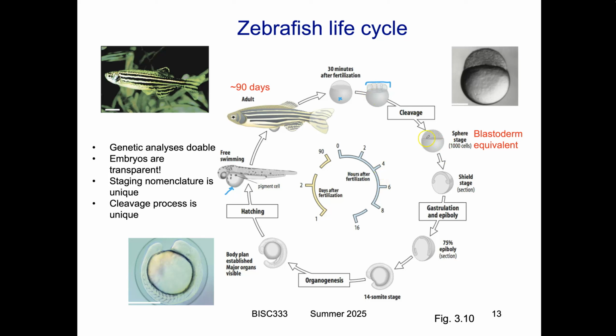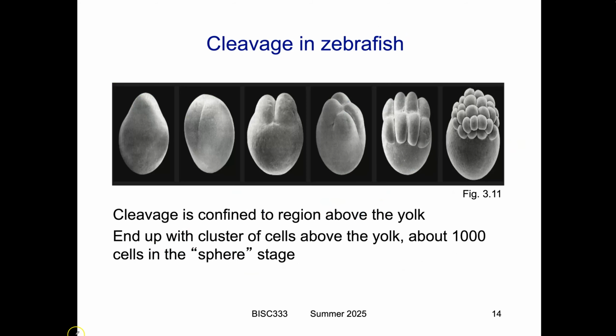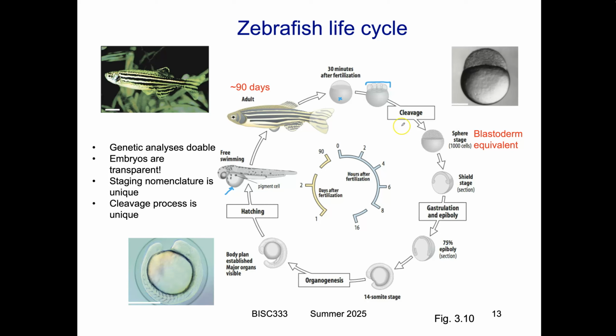After about 4 hours, we have the blastoderm stage. It's like a blastula, right? But it's called the blastoderm. Sorry about that. Still notice that the embryo is all completely on the top.